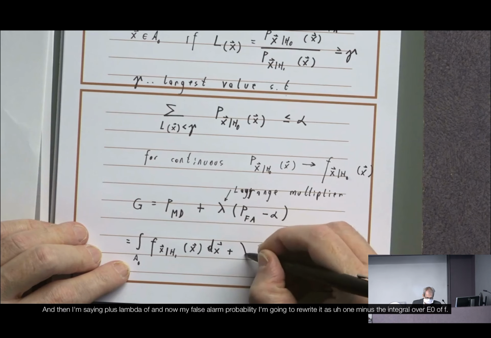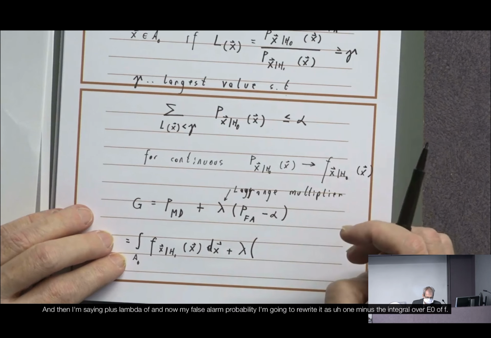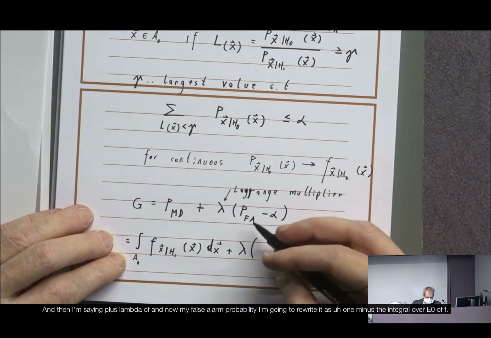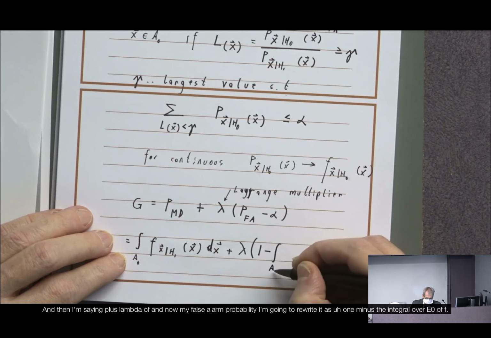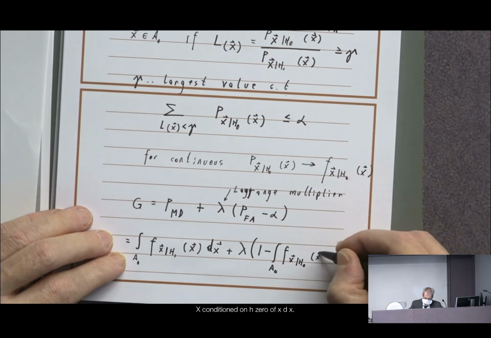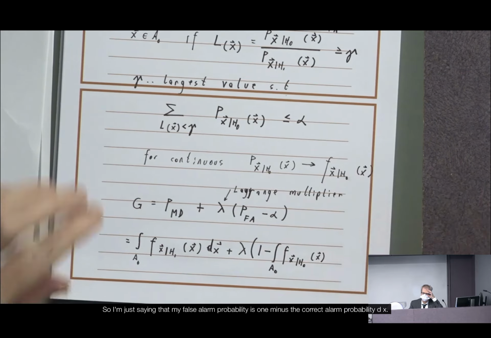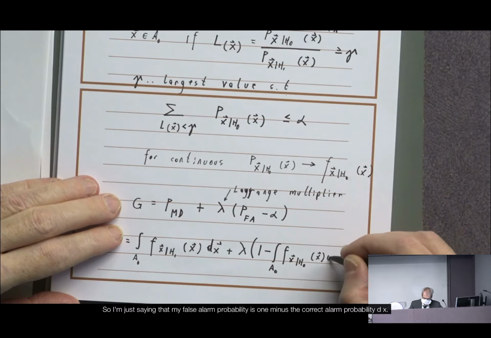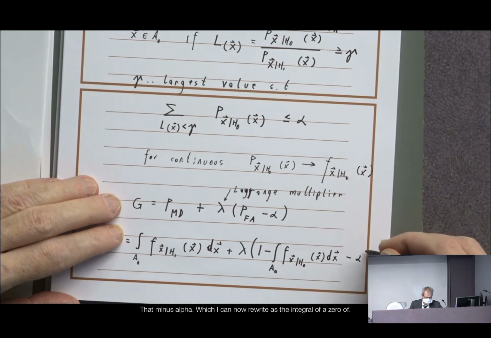And then I'm saying plus lambda of, and now my false alarm probability, I'm going to rewrite it as 1 minus the integral over A0 of f of x conditioned on H0 of x dx. So I'm just saying that, well, my false alarm probability is 1 minus the correct alarm probability, and minus alpha.